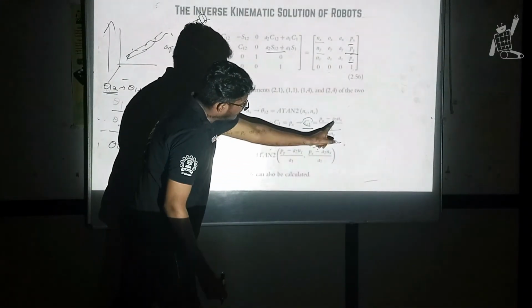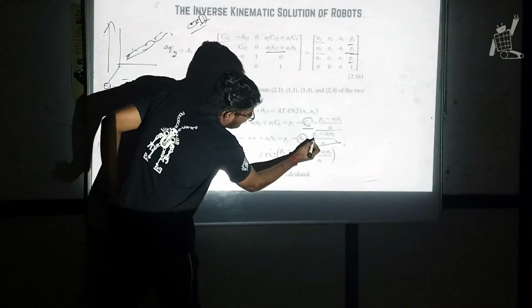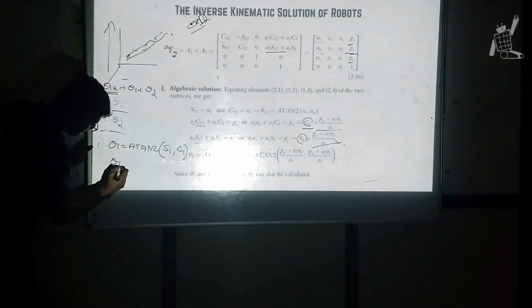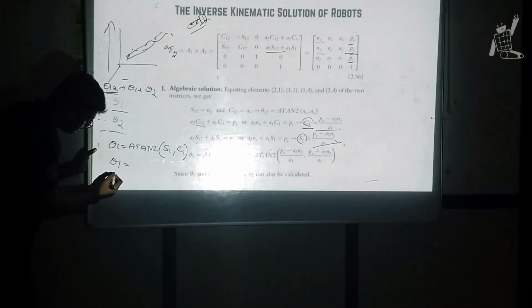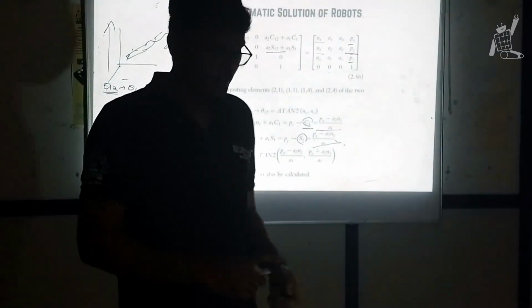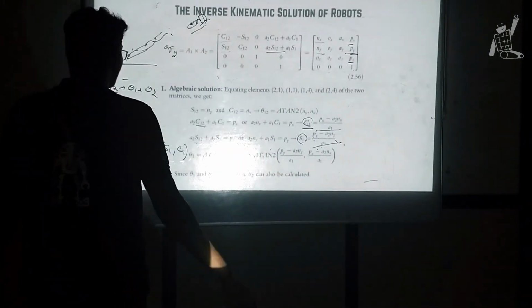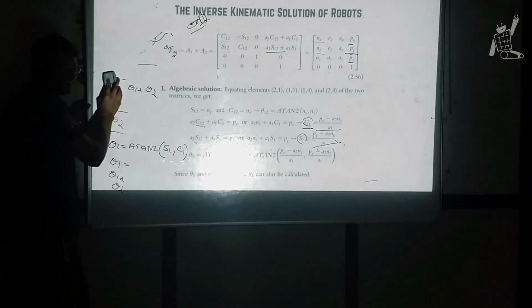I know px, nx, a1, then py, a2, ny, a1. Substituting these will give theta1. Once I know theta1 and theta12, I can find theta2. So this is one method to find the inverse kinematic solution. Okay, I'm stopping it here. There is one more method.